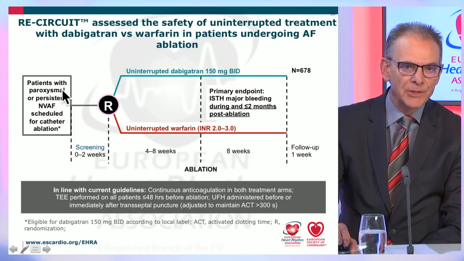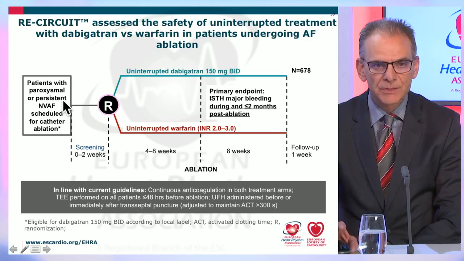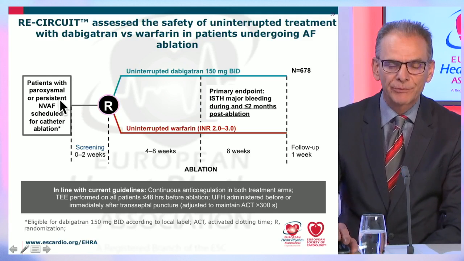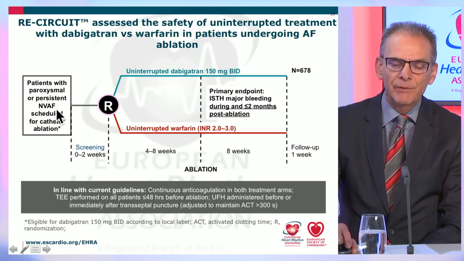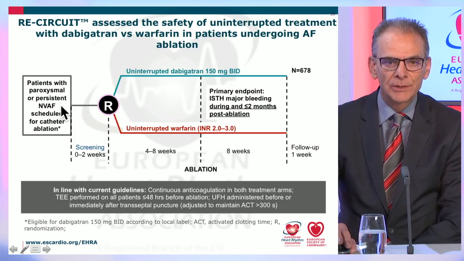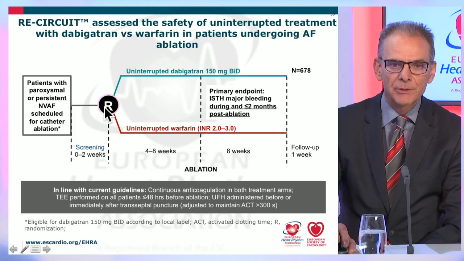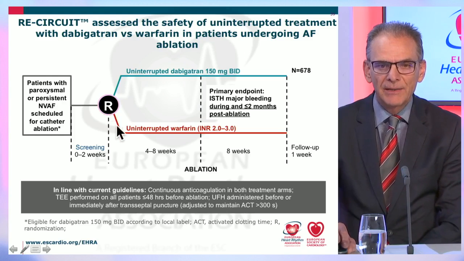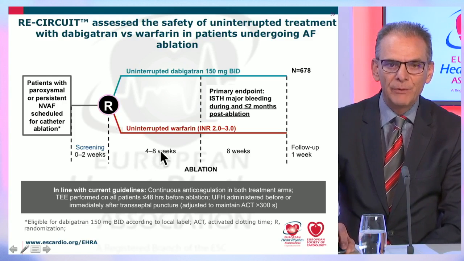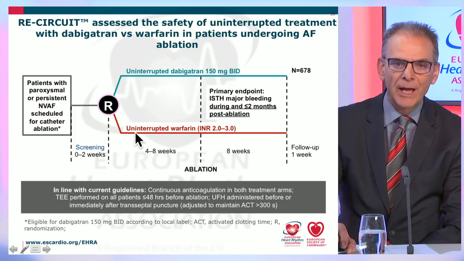Two thirds of patients were actually suffering from paroxysmal, and the third was suffering from persistent atrial fibrillation. Now, if the patient agreed to the protocol and to participate in the study, he or she was randomized. And then there was a period of 4 to 8 weeks with anticoagulation.